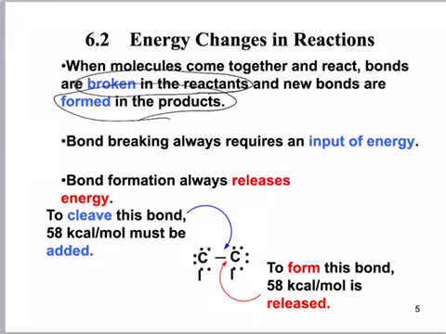So when we break a bond, that always requires an input of energy. When we make a bond, that always gives you energy back. So here I have, this is supposed to look like chlorine.